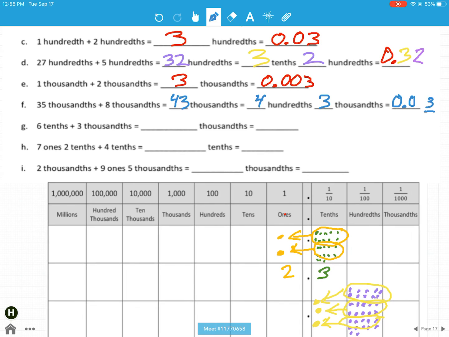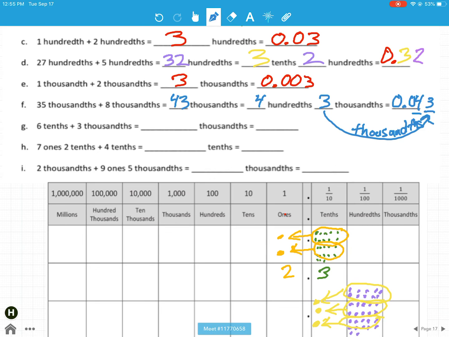My 3 is going to be over here, so my 4 is going to land right here. This is the hundredths place, or thousandths place. This is in the thousandths place. Okay, and the 4 goes right in front of it.